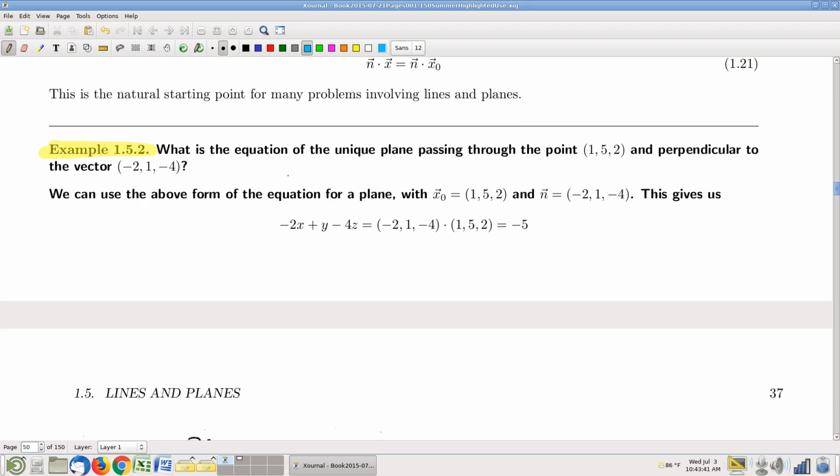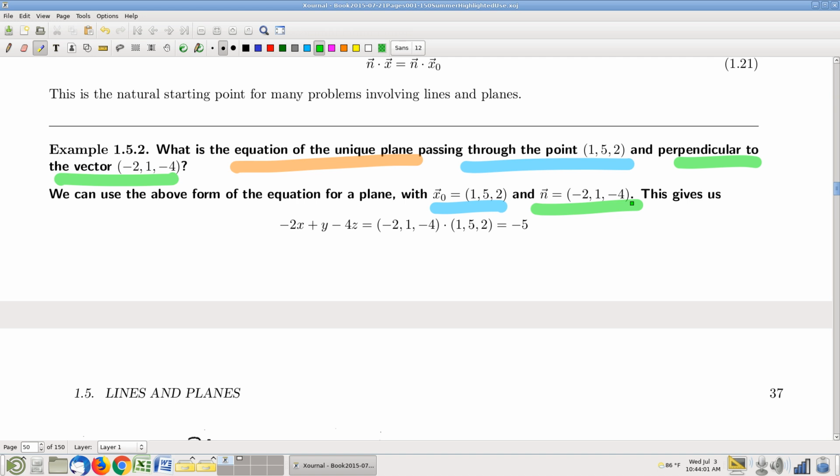Okay, so a quick example. Suppose you want to know the equation of the plane, and it passes through that point. I'm going to use that as my x naught. And it's perpendicular to this vector. I'm going to use that as my normal vector. Right? And then you just write down n dot x equals n dot x naught.